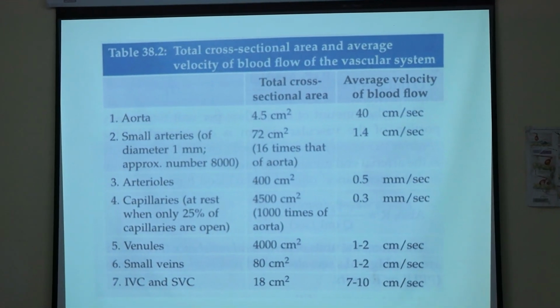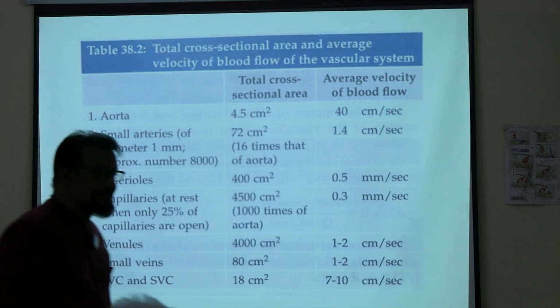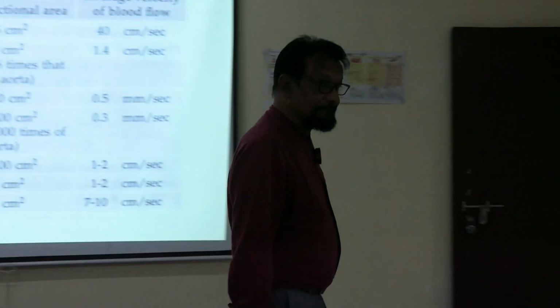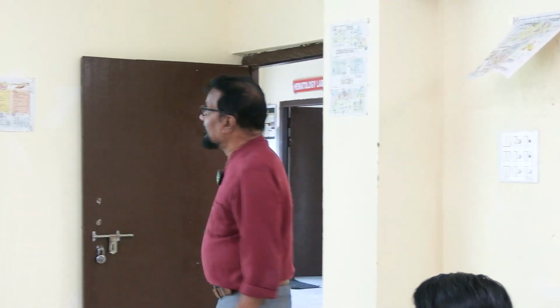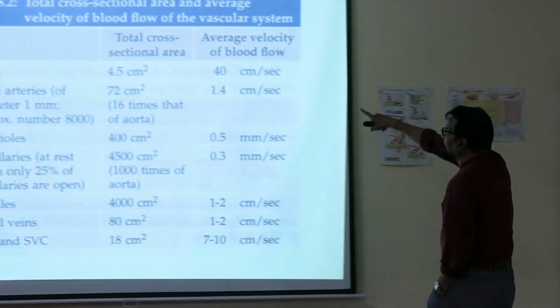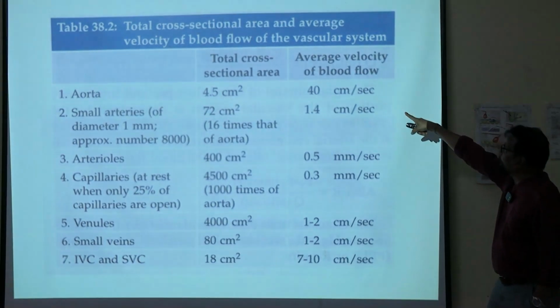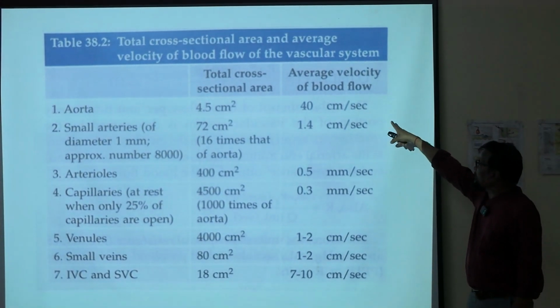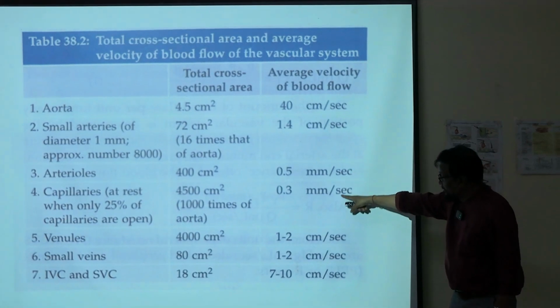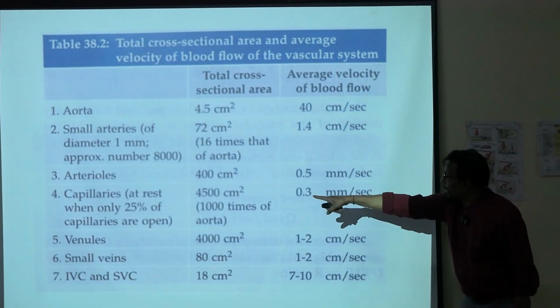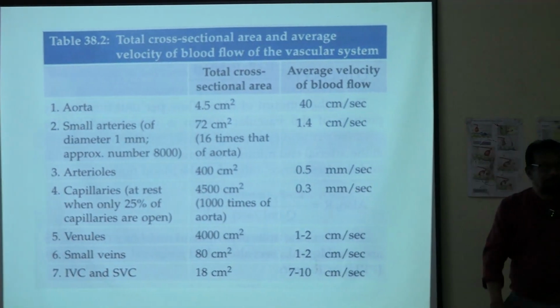So the total cross-sectional area is gradually increasing. And velocity here was 40 centimeters per second, and gradually it falls; in capillaries it is only 0.3.